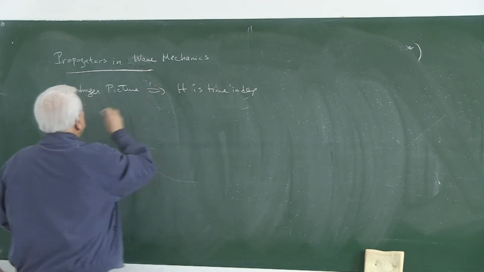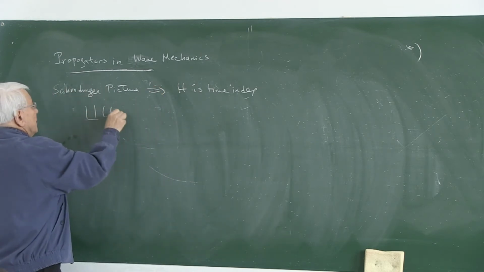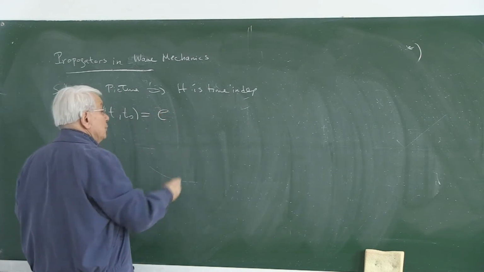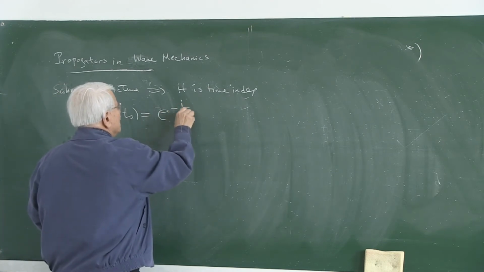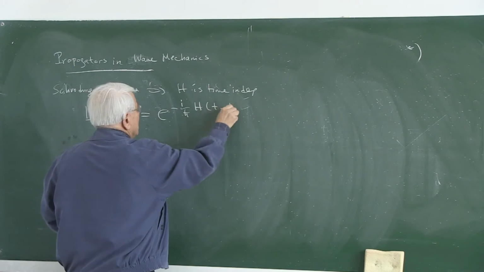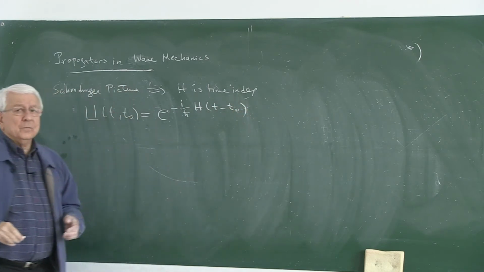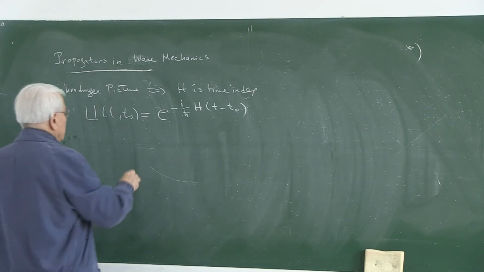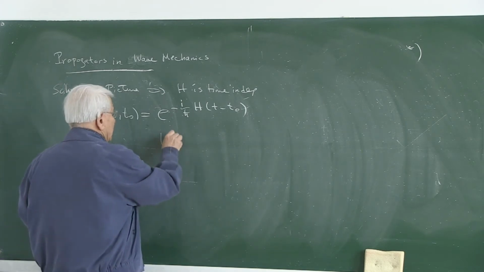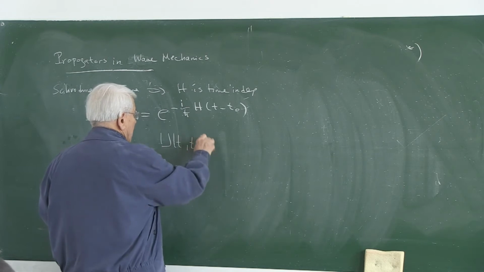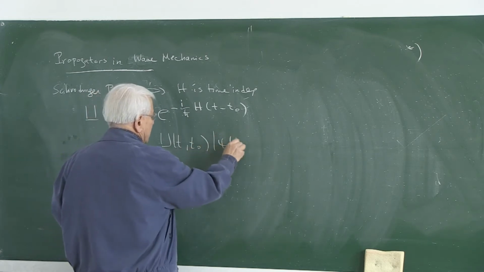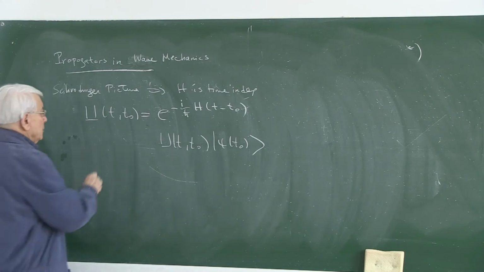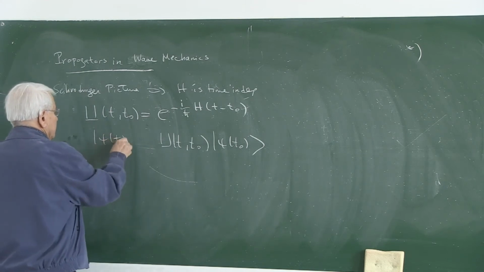Well, if H is time independent, the time evolution operator, as we have seen before, is e to the minus i over h bar H (t minus t0). So when you act by this on the state which you have at time t0, then you get the state at time t.